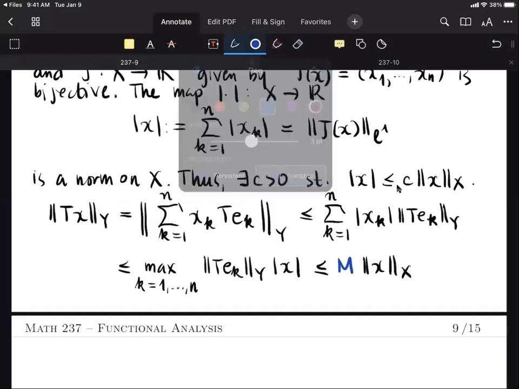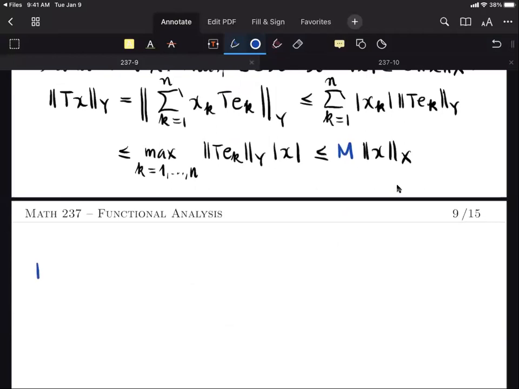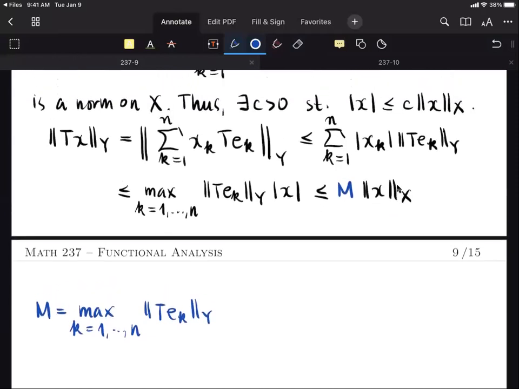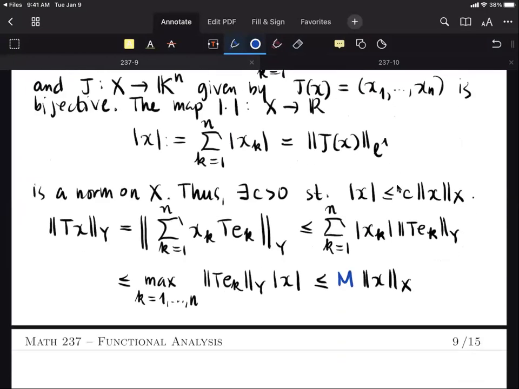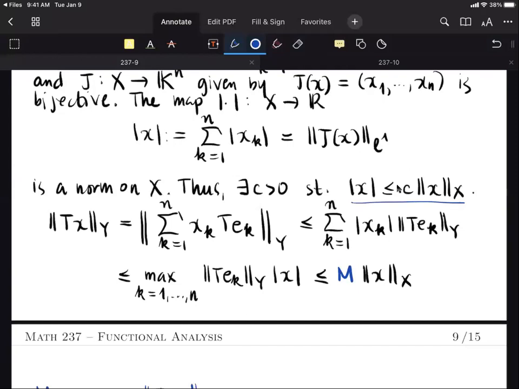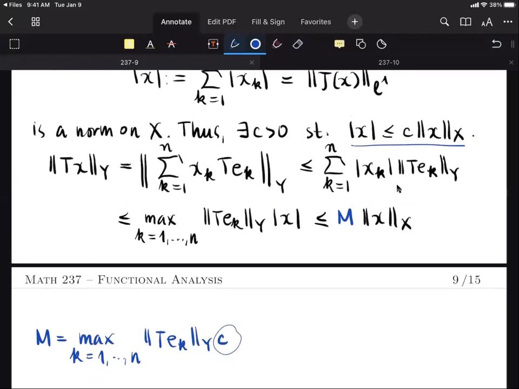where m is equal to the max of the norms of the images of the basis vectors, times c, where c is the constant from this inequality. So you can estimate this by c times the norm of x. That's why we have a constant c here.